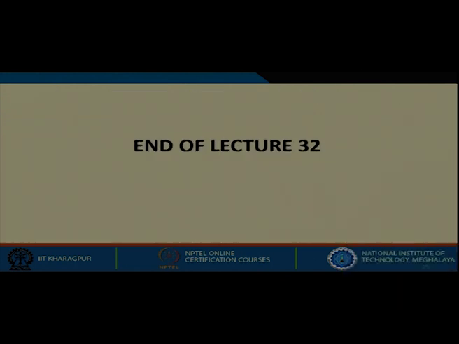So, we are at the end of lecture 32 and we are done with the memory system. In the memory system, particularly in this week, we have seen various kinds of techniques through which we can further reduce the memory access time.